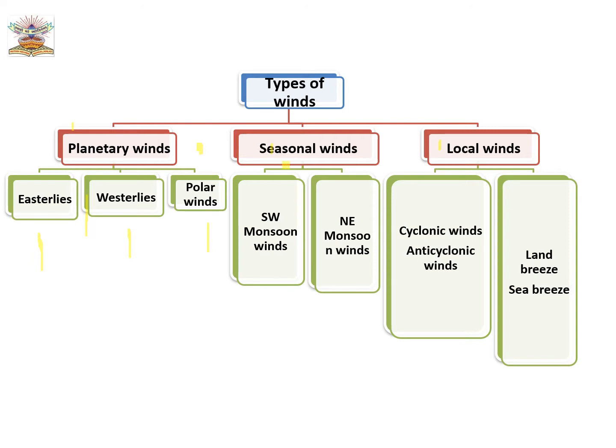Seasonal winds are also called monsoon winds. They are classified into southwest monsoon winds and northeast monsoon winds. Then the third type of wind are local winds. Local winds can be cyclonic winds, anticyclonic winds, land breeze, and sea breeze.